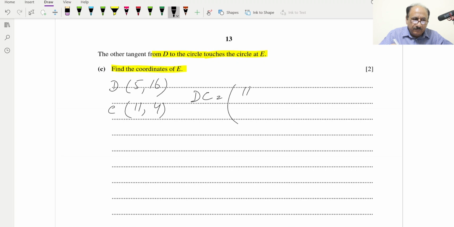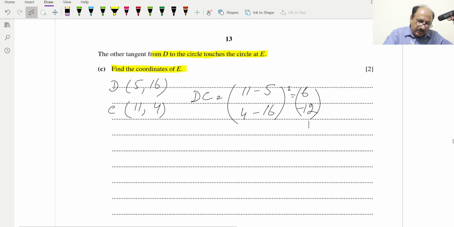So 11 minus the x coordinate of D, which is 5, and similarly 4 minus 16, and this will result in 6 and minus 12. So these will be the coordinates.